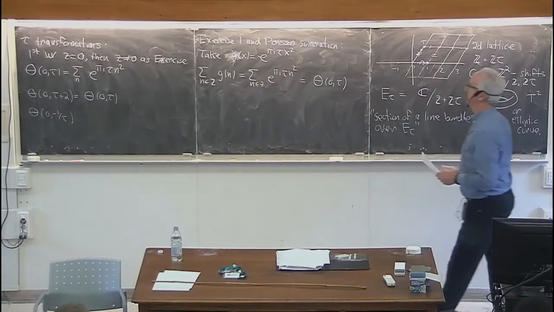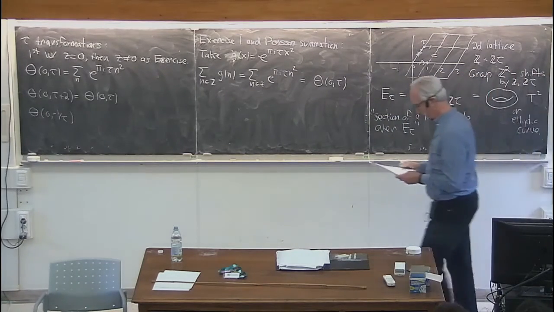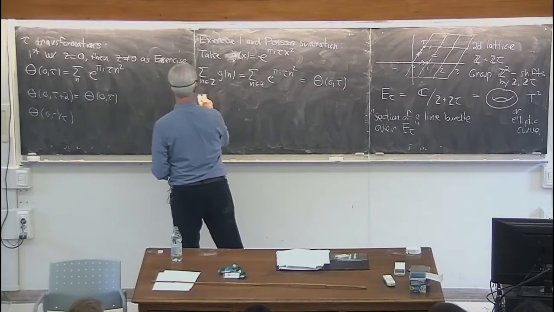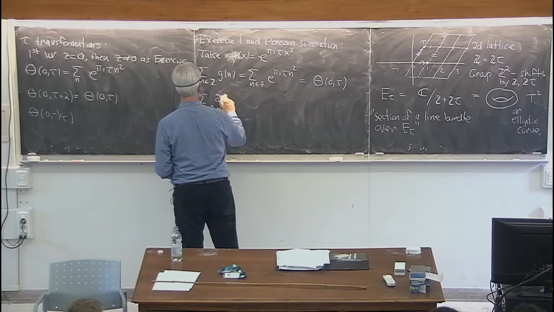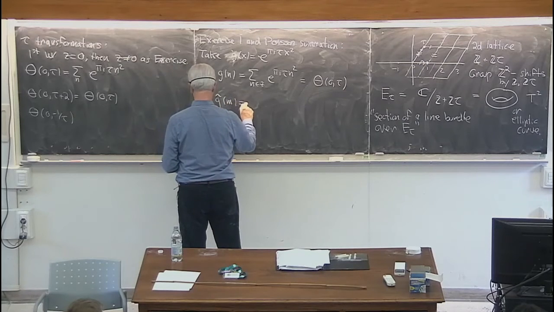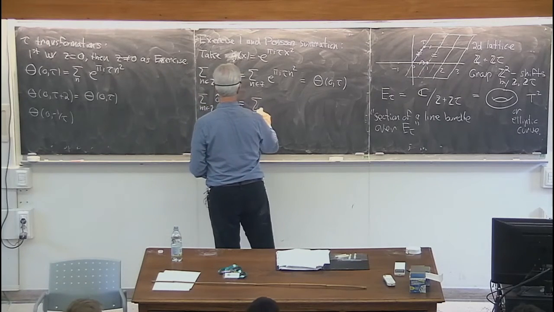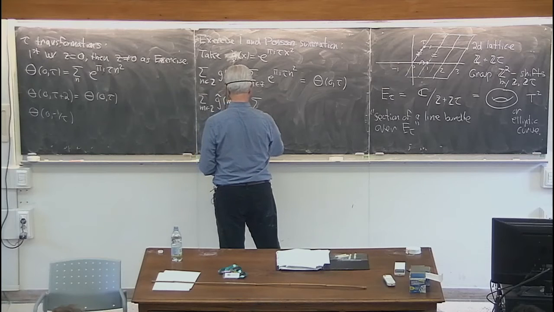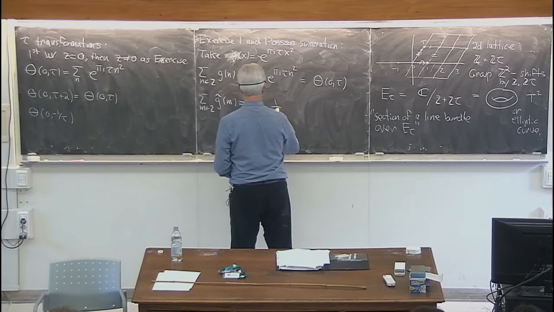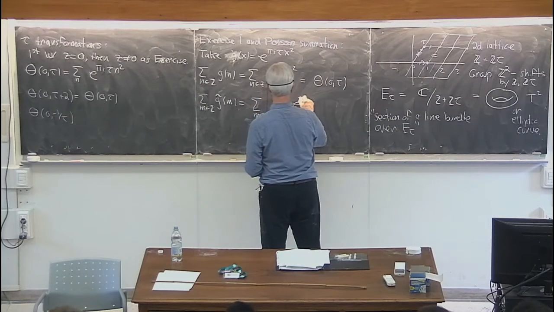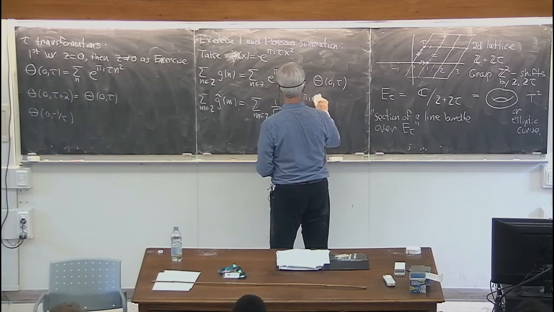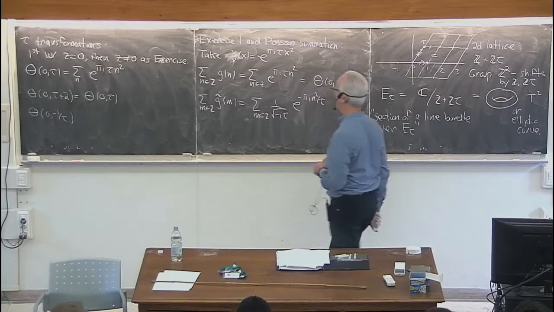our Jacobi theta function at z equals 0, but the sum of its Fourier transform at integer values is, by the first exercise, 1 over the square root of minus i tau times e to the minus pi i n squared over tau.